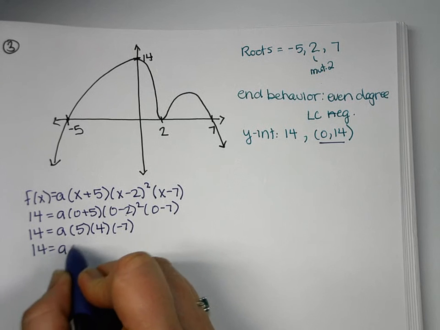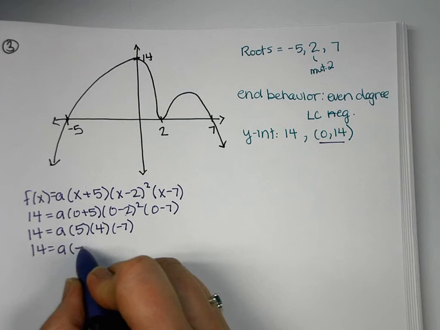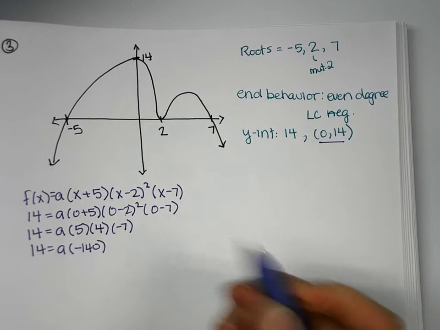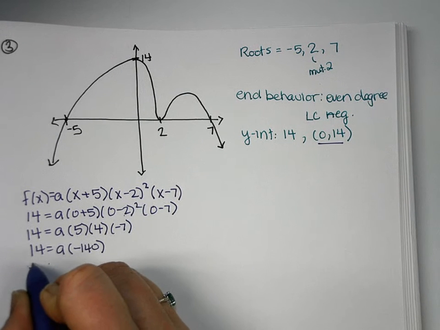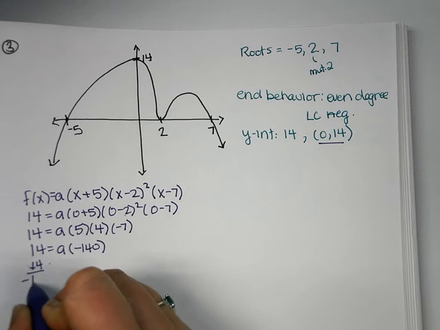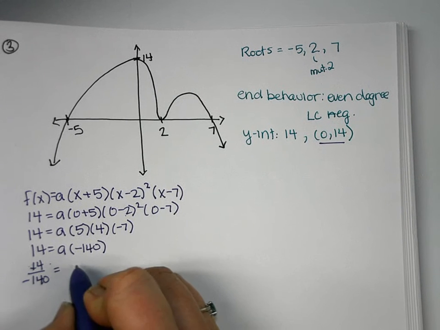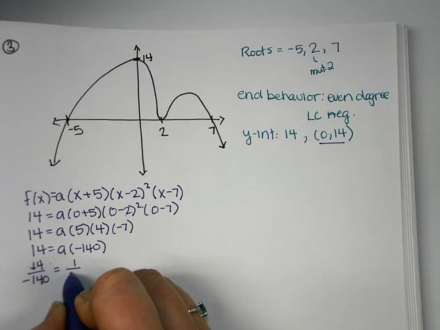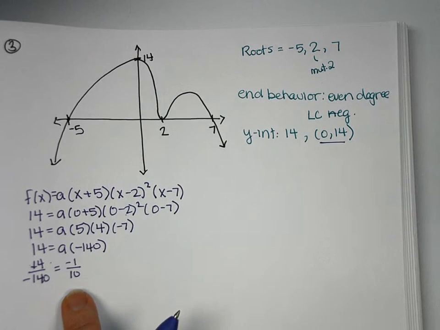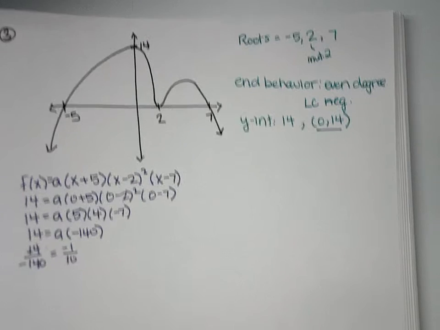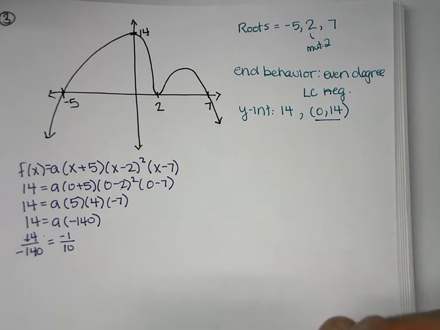So we'll get a times -140. When we solve for a, we'll get 14 over -140, which is 1 over 10, and it's negative. Did we get the negative like we were supposed to for our end behavior? Yes. So that means things are checking out.